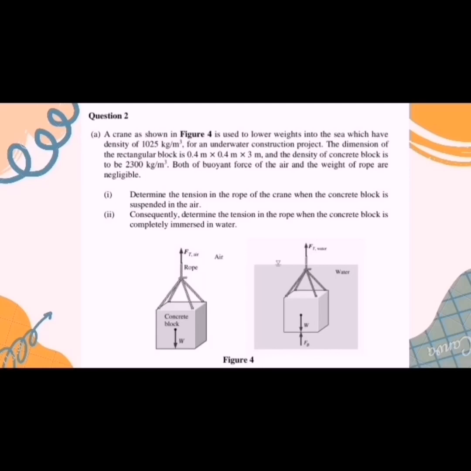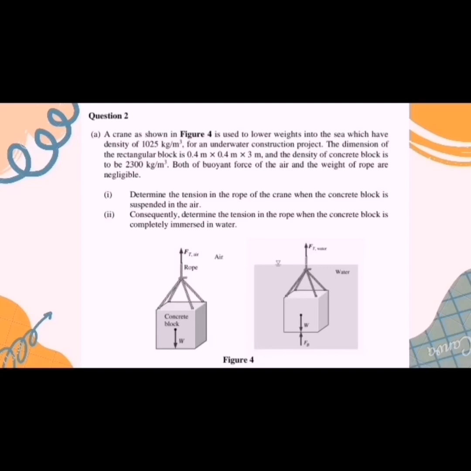A crane as shown in figure 4 is used to lower weights into the sea, which has a density of 1025 kg/m³, for an underwater construction project. The dimensions of the rectangular block are 0.4 meter times 0.4 meter times 3 meter and the density of the concrete block is 2300 kg/m³. Both the buoyant force of the air and the weight of the rope are negligible.